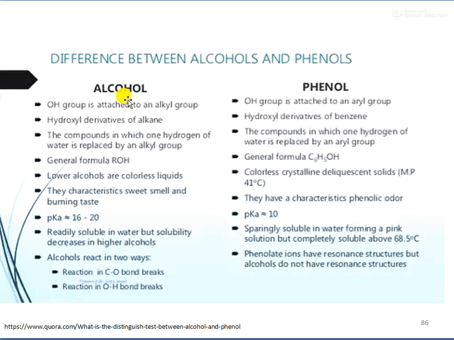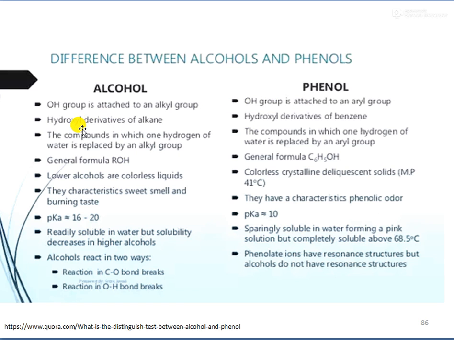Then in the last part, we studied the important differences between alcohols and phenols. Some general points: in alcohols, the OH group is attached to an alkyl group, whereas in phenols, it is attached to an aryl group.